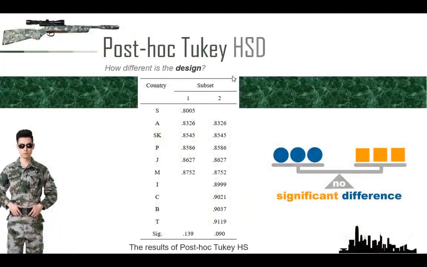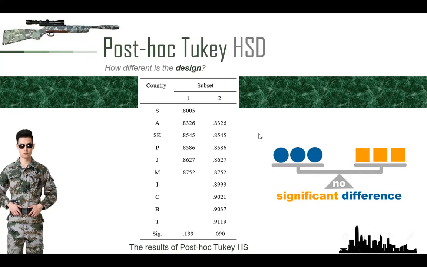However, this is very unique. Although S had the lowest CSI and T has the highest CSI, there is no significant difference. So what does that mean? It means that each design has the same level of concealment.